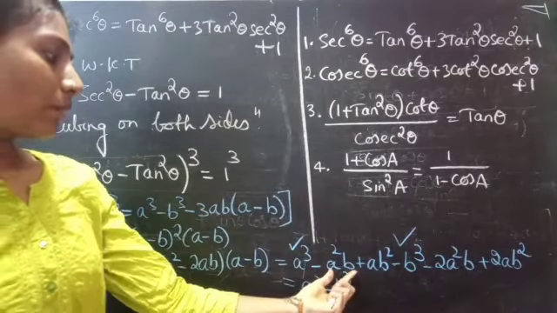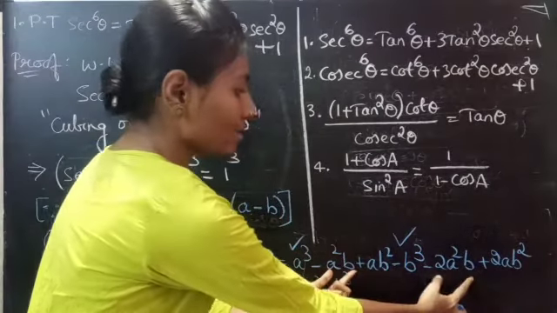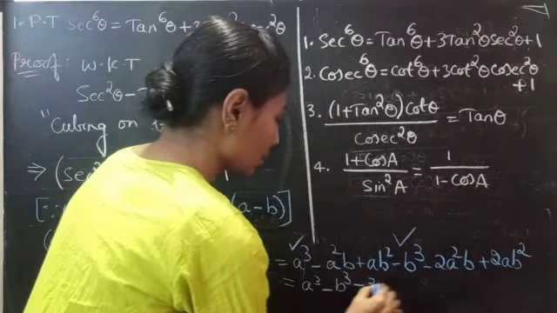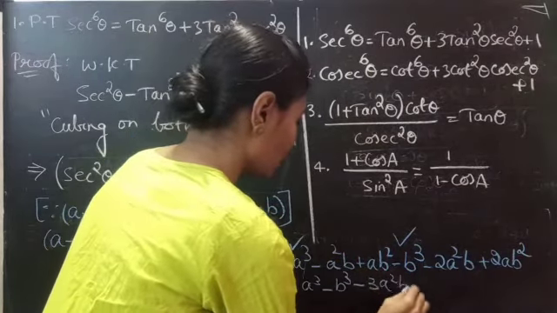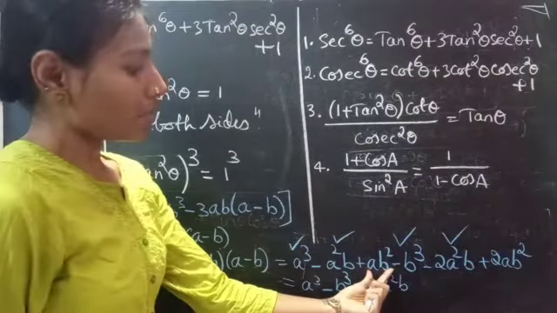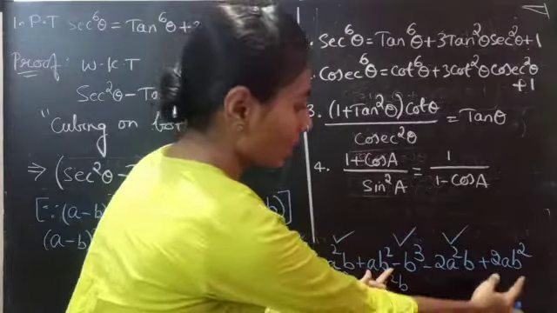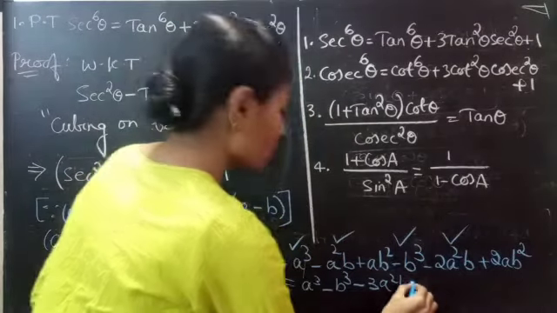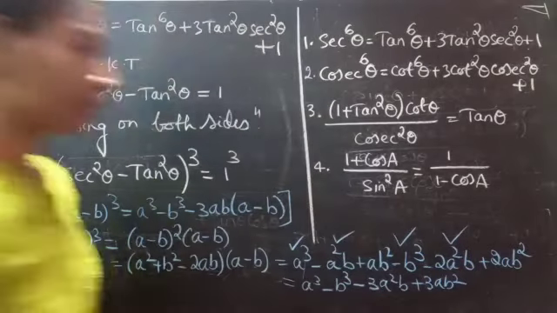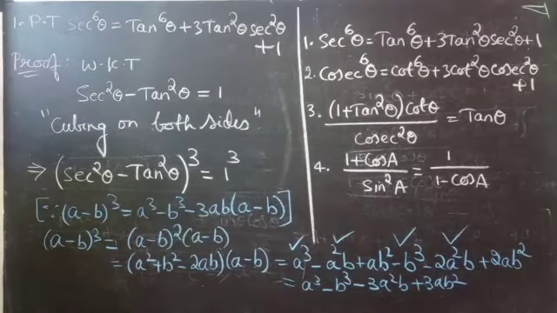A square b minus a square b minus 2a square b, so you'll get minus 3a square b. Next, ab square plus ab square plus 2ab square, so you're having plus 3ab square. Okay.